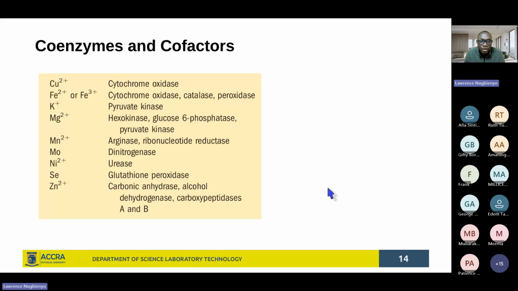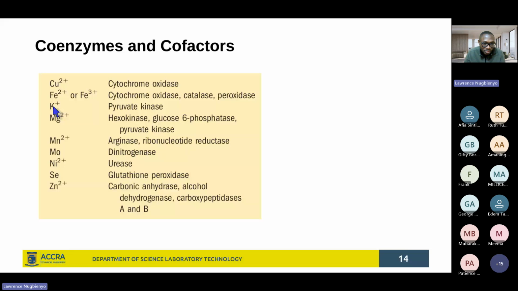And we see copper 2 ions here are cofactors to cytochrome oxidase. We see iron 2, iron 3 ions are also cofactors to cytochrome oxidase, catalase, and peroxidase.